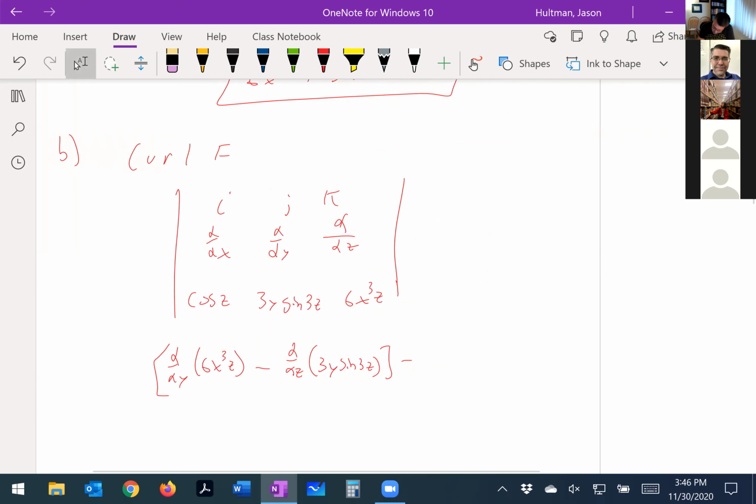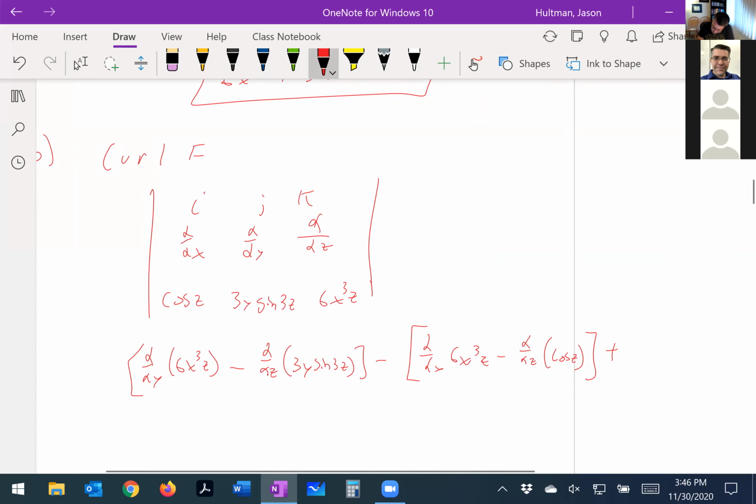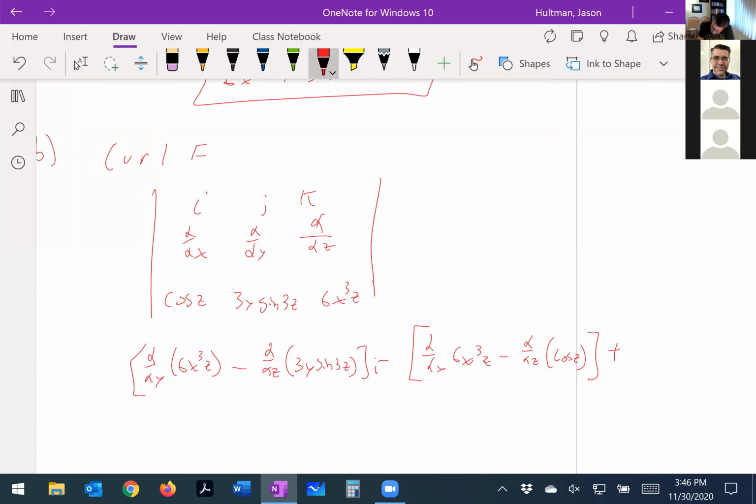Minus d dx of 6x cubed z minus d dz of cosine z, plus, this is an i, j, k here as well.